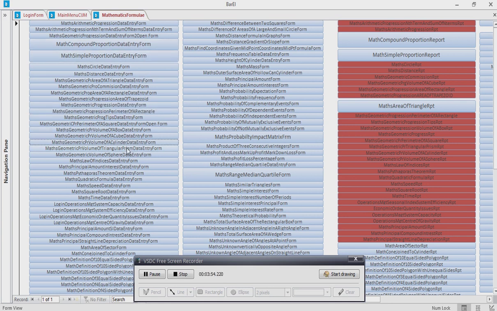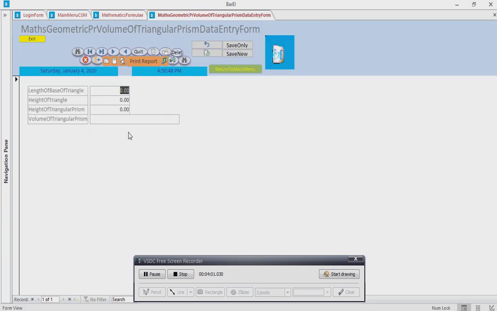Find the volume of a triangular prism. The length of the base of the triangle is 20, the height is 25, and the height of the triangular prism is 25, then that is the volume of a triangular prism.